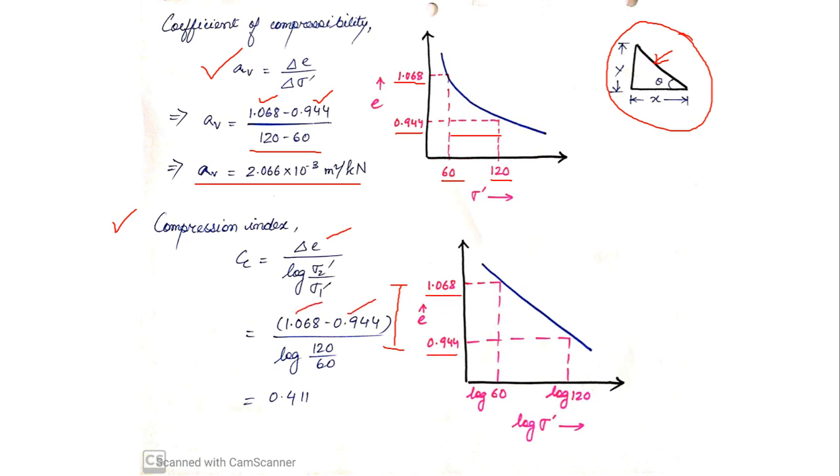And what is the value of x? x will be this distance: log 120 minus log 60, which can be written as log 120 by 60. If you solve it, you will find the answer to be 0.411, which is exactly similar to the one in the first approach, right?